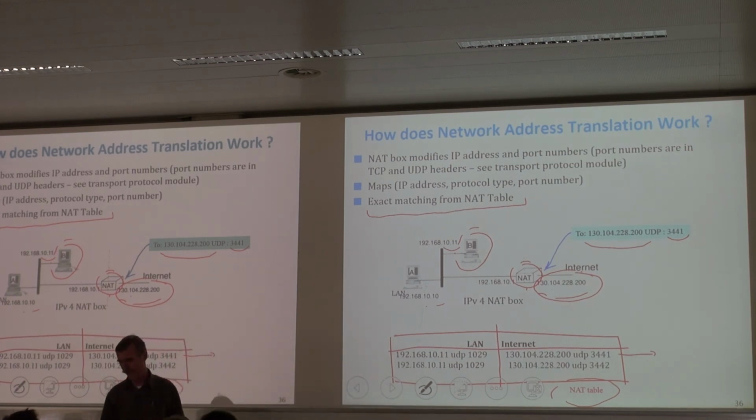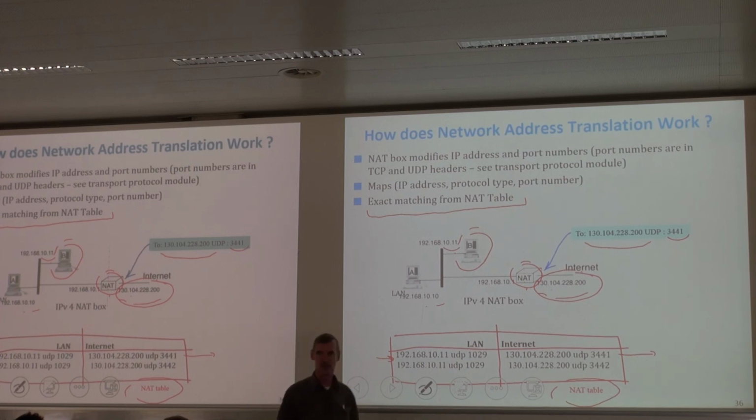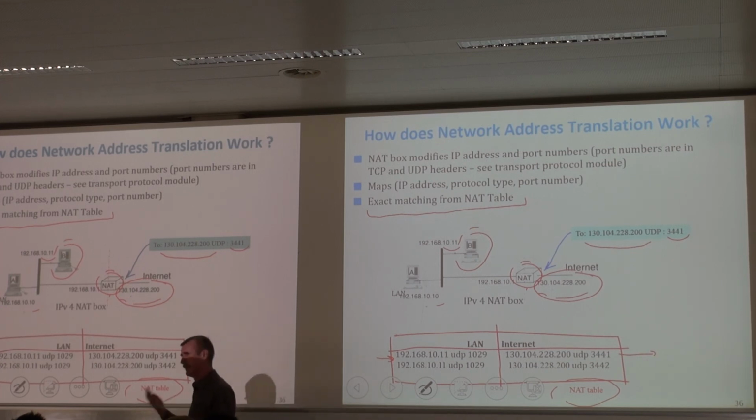The port number 3441 corresponds to this line, which is now a different IP address. So this NAT box will transform the IP destination address, which we have seen a router never does, but a NAT does. A NAT is not a router, even though in practice people will call it a router. It's not a router.